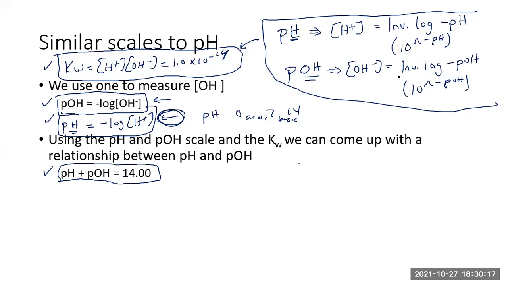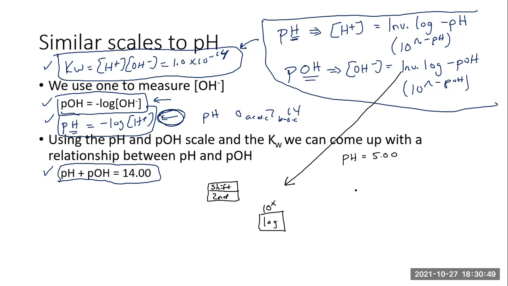Let's talk about the inverse log move. On most people's calculators, in the upper left corner, you have a shift button or a second button, and somewhere below that you have a log button that will usually have a 10 and an x on it. Say we had a pH of 5 like we had earlier, and we wanted to figure out the H+ concentration.